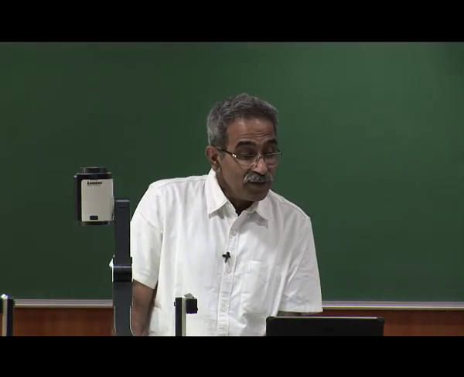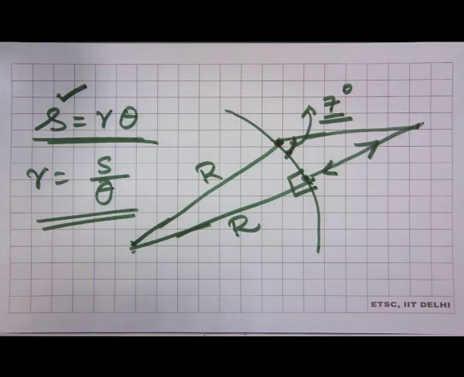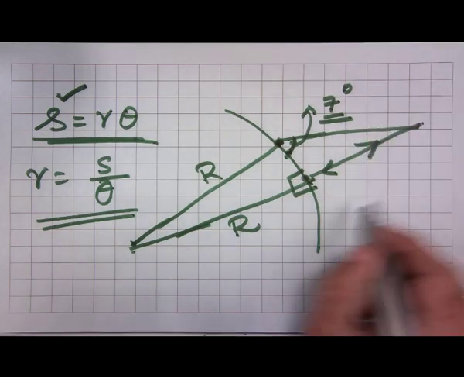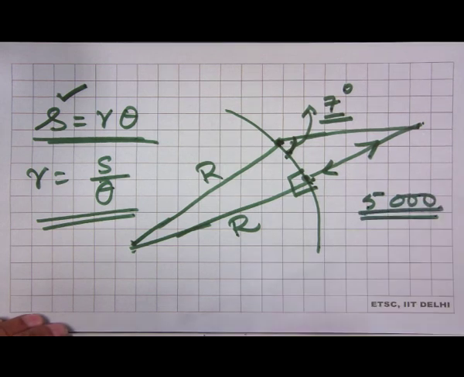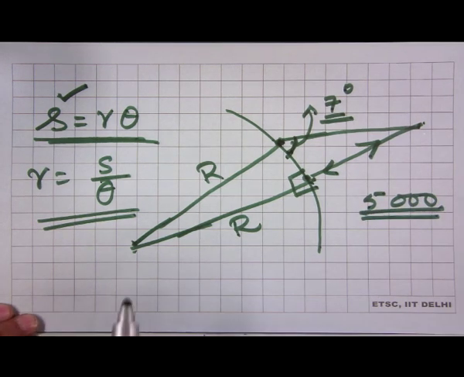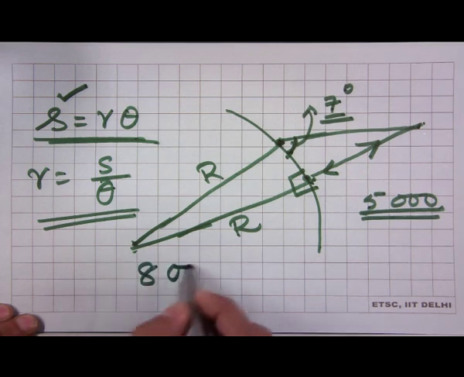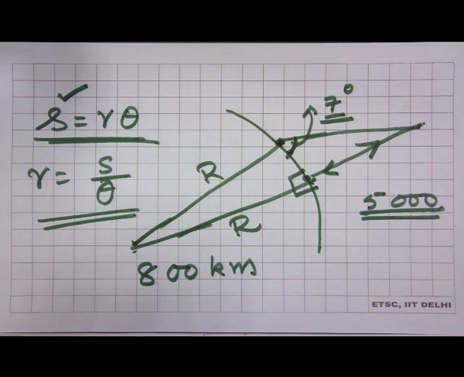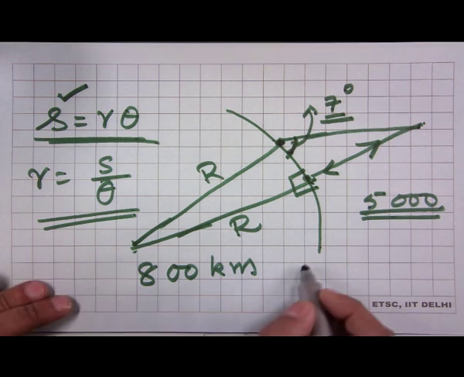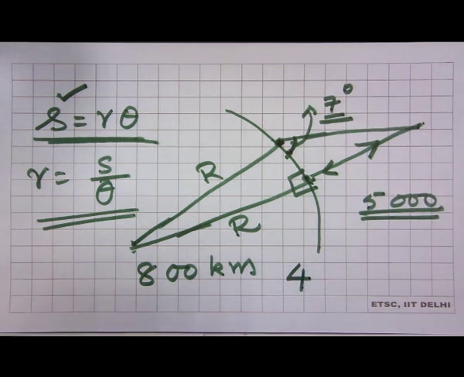Now it was not 50 stadia, I am very sorry, it was 5000 stadia. The distance was 5000 stadia and it translates to 800 kilometers. Now if you plug in and try to find out what the radius is, you get... Did you get the radius or the circumference?